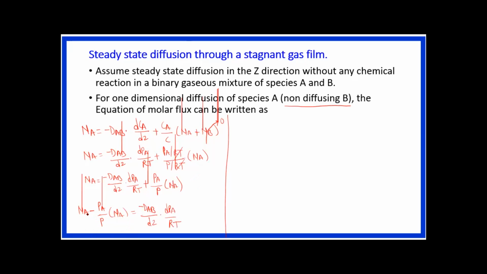So we can take NA as a common factor, NA in bracket 1 minus PA upon P equal to minus DAB upon dZ dPA upon RT, right? We can also write as P minus PA upon P equal to, right hand side same.